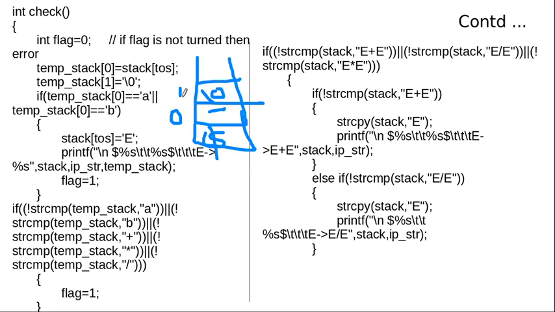I am verifying the 0th indexing position character, not the null character. That's why it is stack of 0, either A or B. If it is A or B, then only we reduce into E.